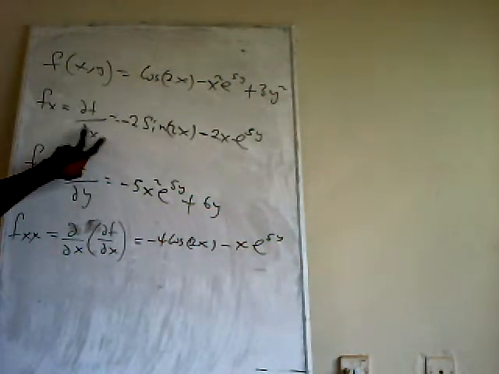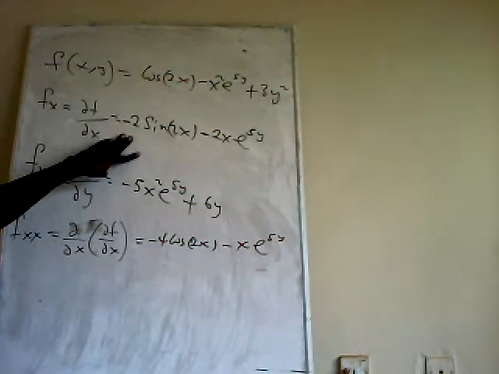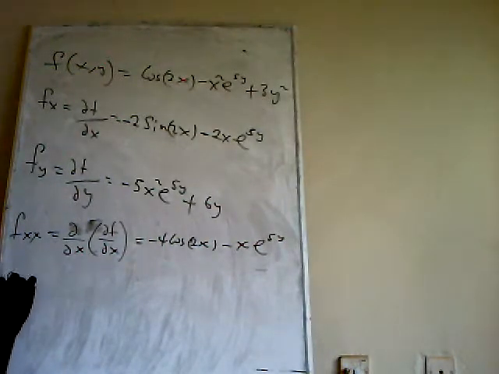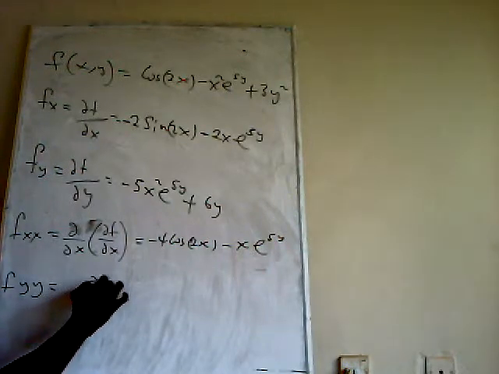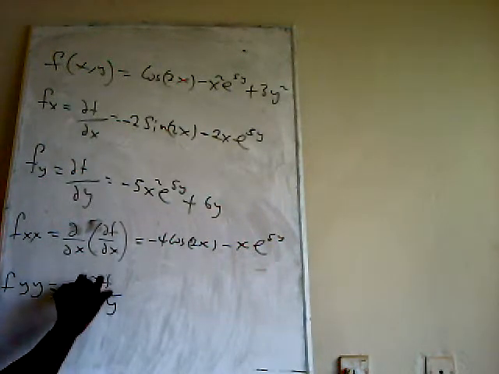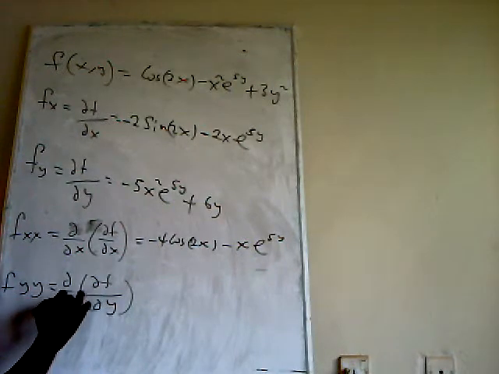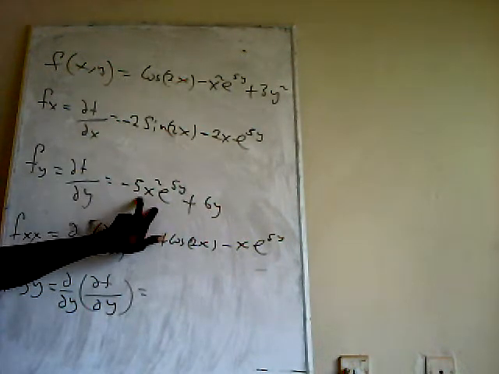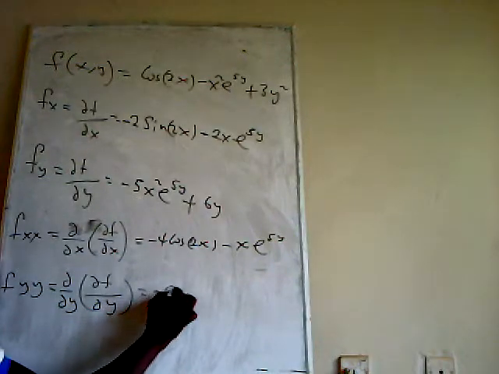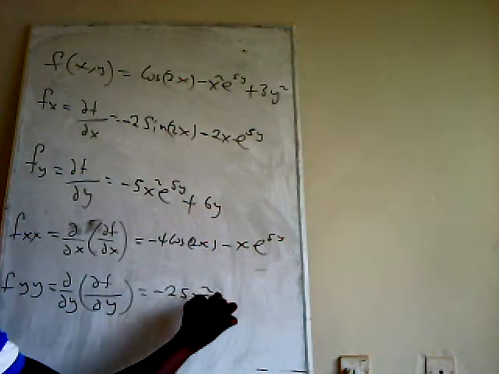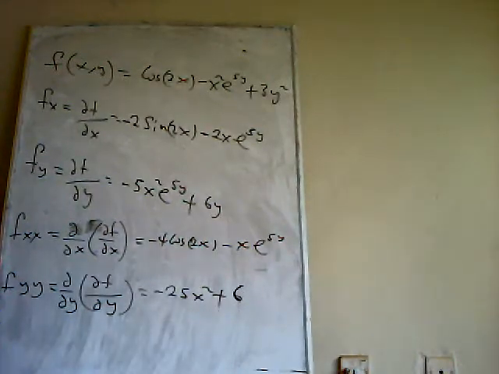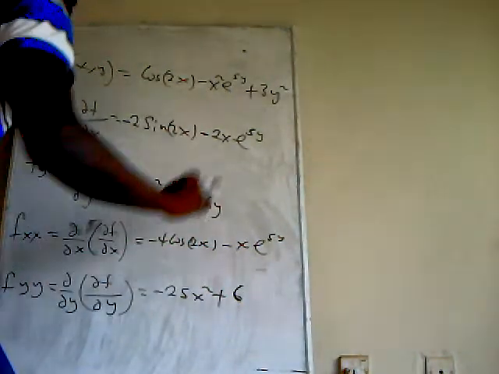I'm going through this very fast because I assume by now you are familiar with differentiation. Okay, and fyy is I differentiate del f del y with respect to y, and that is going to give me minus 25x squared e 5y plus 6.